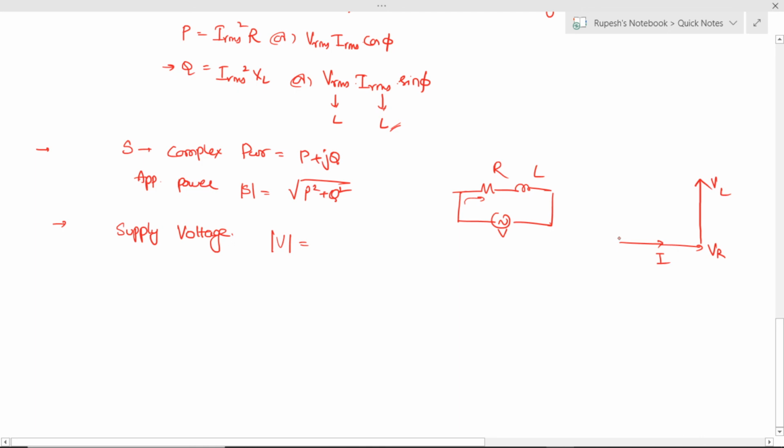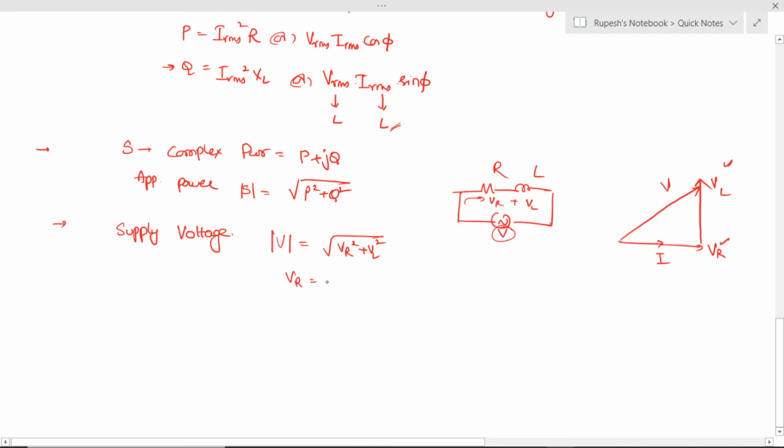Why? The VL leads the current by 90 degrees. So the effective voltage will be the sum of VR and VL. So it will be like this. That is the supply voltage V. This VR and VL, the vector sum of both of these gives the supply voltage V. So the mod of the supply voltage is nothing but root of VR square plus VL square.